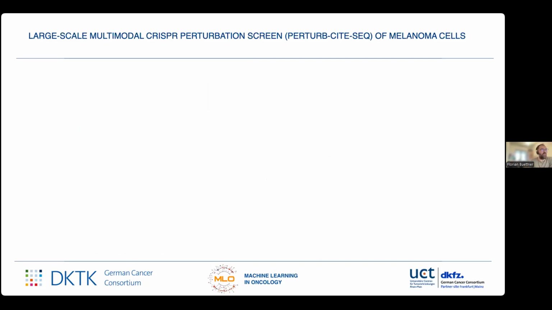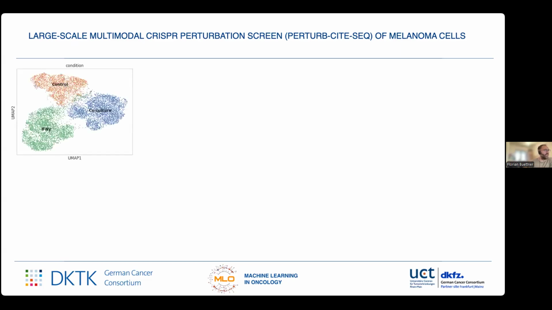So here's an example of how you can use PacMon. We applied it to a multimodal CRISPR perturbation screen of melanoma cells, where cells were cultured in 3 different conditions: control, interferon gamma stimulated, and co-culture. And first of all, we want to again make sure that the pathway factors we learn are meaningful.